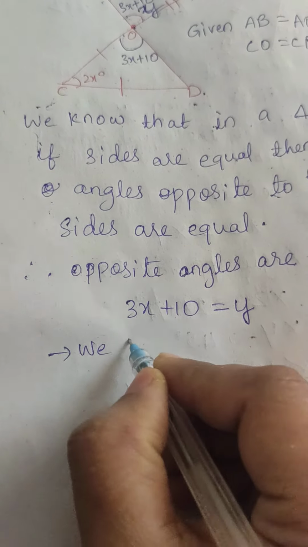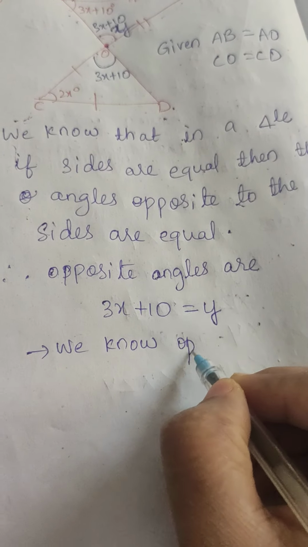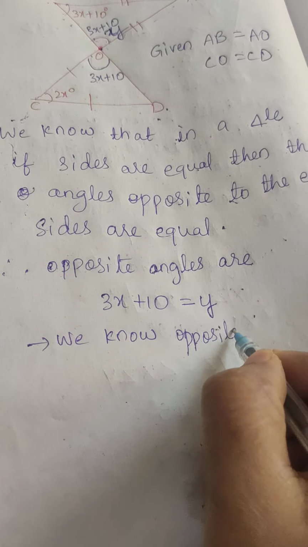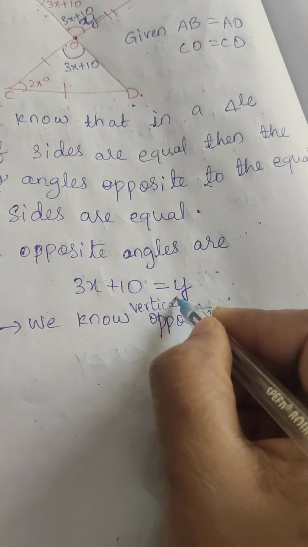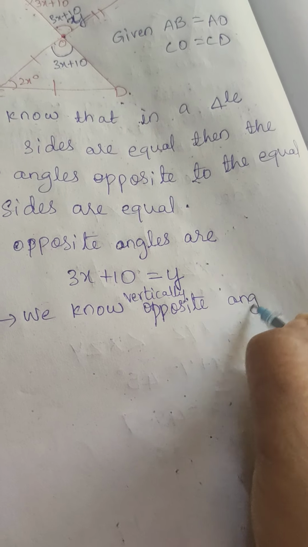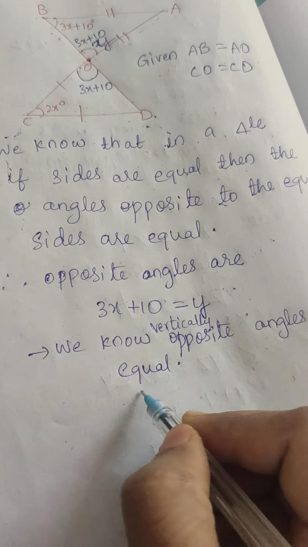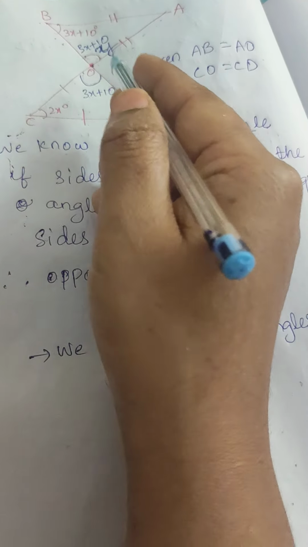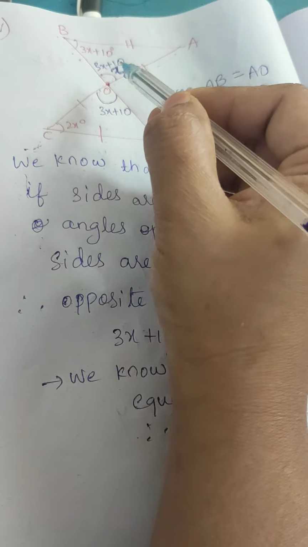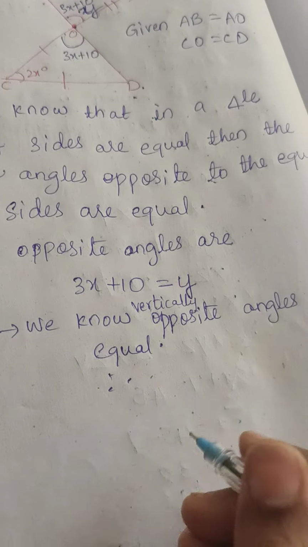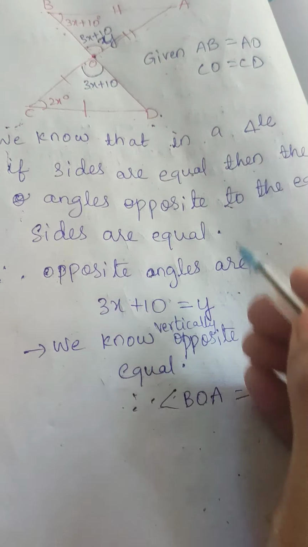We know vertically opposite angles are equal. Therefore this angle y, I will write down as angle BOA equal to angle COD.